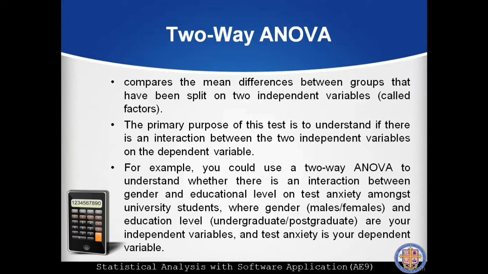It will become significant if educational level also has an effect on test anxiety. But if only one has an effect, overall, it still has a significant effect. Kahit isa lang yung may effect, as a whole, may effect pa rin.